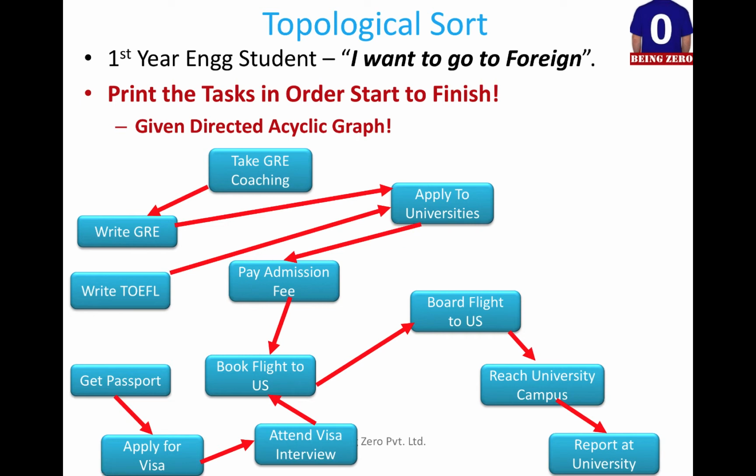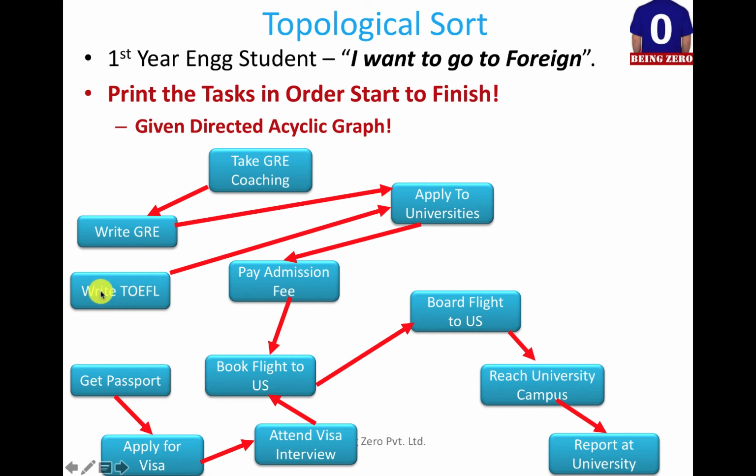Now, before we discuss the topological sort algorithm and go on to the coding problems of topological sort, one thing to keep in mind is that there are multiple orders possible. For example, we may first do GRE coaching and then write the GRE exam. Since for TOEFL we are not saying we have to take any coaching, TOEFL can be written directly, right?